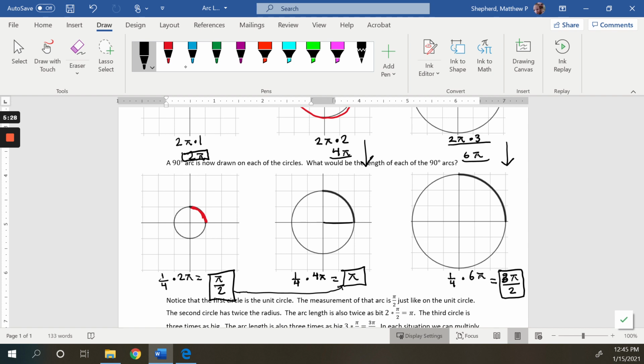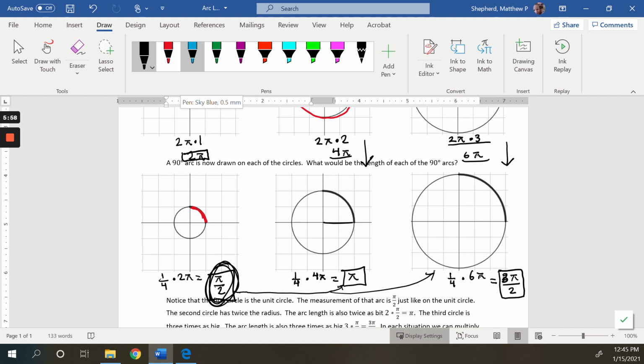The other circle was 3 times as large as our unit circle. 3 times pi halves is 3 pi halves. So in order to figure out these arc lengths of circles that are much larger than the unit circle, we just use the numbers from the unit circle. We can use them as our starting point, and then we can easily just multiply depending on how many times bigger the other circle is.